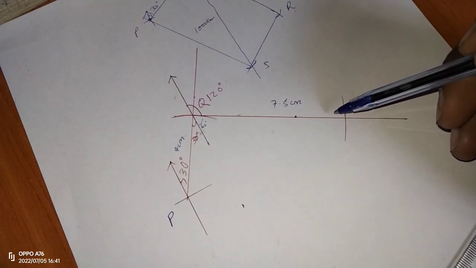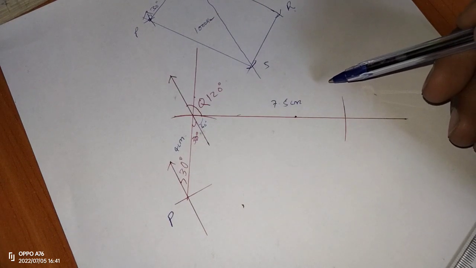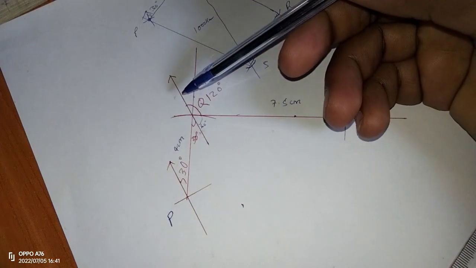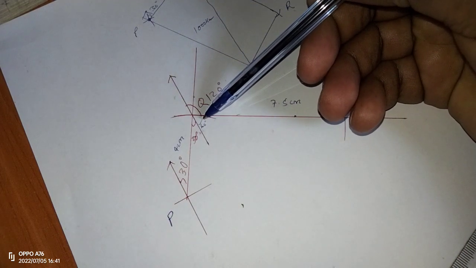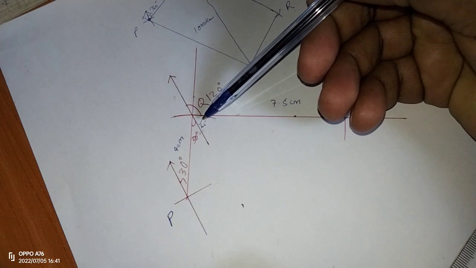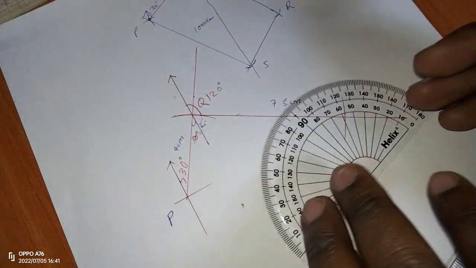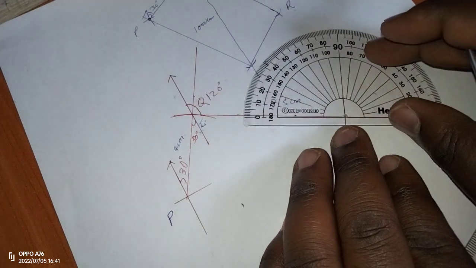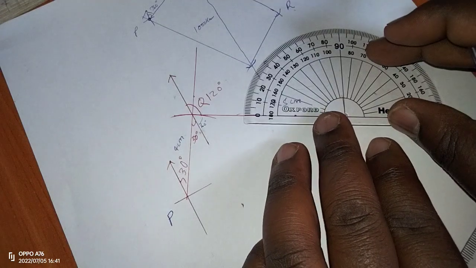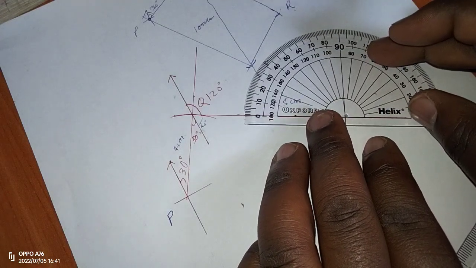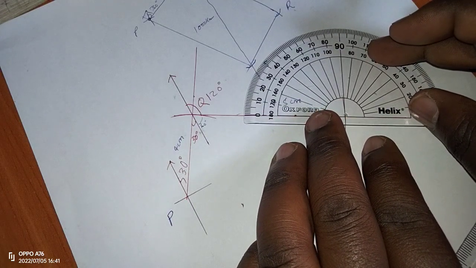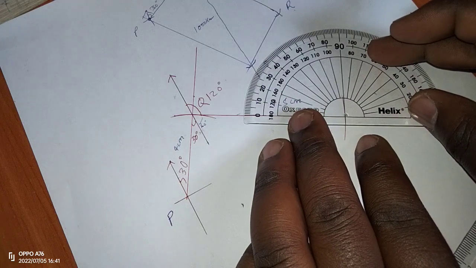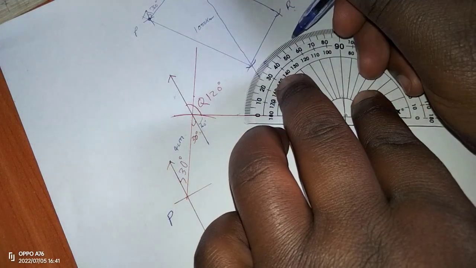So I will measure another 60 on the upper side so that I may raise a compass which is parallel to the others. So I transfer this acute angle of 60 to this side. Standing at this mark, I will measure an angle of 60.